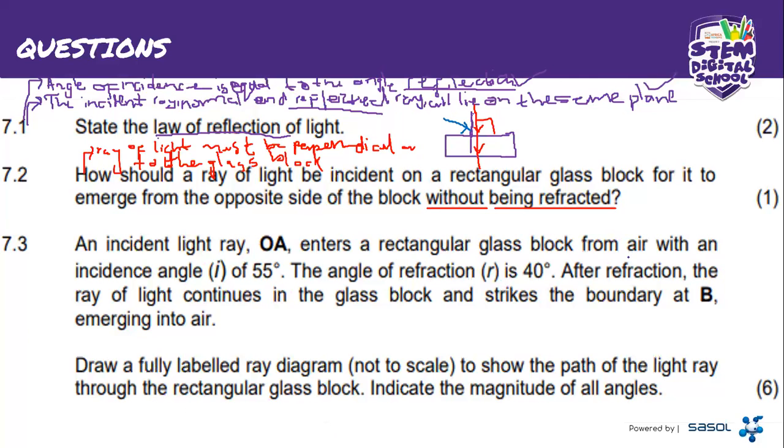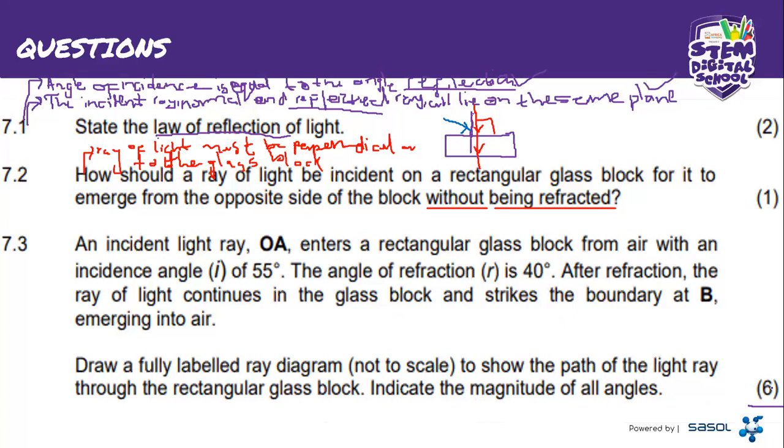After refraction, the ray of light continues in the glass block and strikes the boundary at B, emerging into A. Then you are required to draw a fully labeled ray diagram, which should not be to scale, to show the path of the light ray through the rectangular glass block, indicate the magnitude of all angles. And this is for 6 marks.